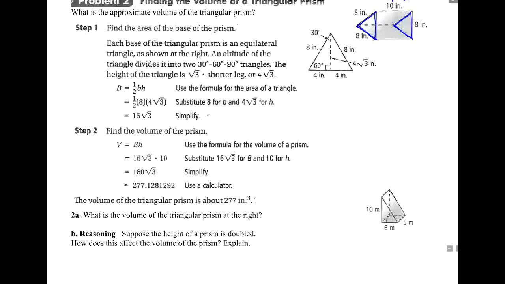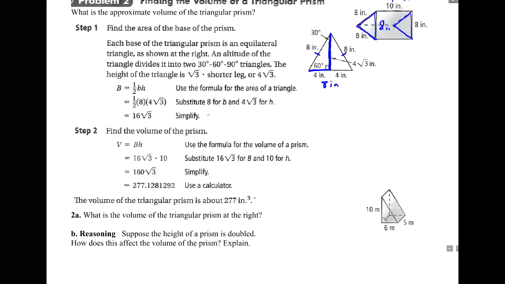So we see that we have an 8 by 8 by 8 inch triangle. That means we have an equilateral, which tells us it's 60 degrees. So this is isosceles regardless, which means we can cut it down and bisect the base. But since we know that this full length is 8 inches, I know that this right here is 4.